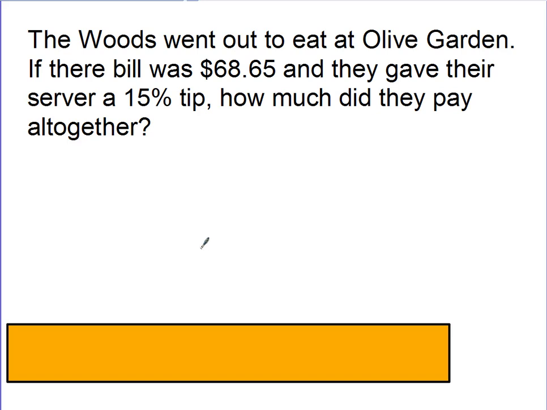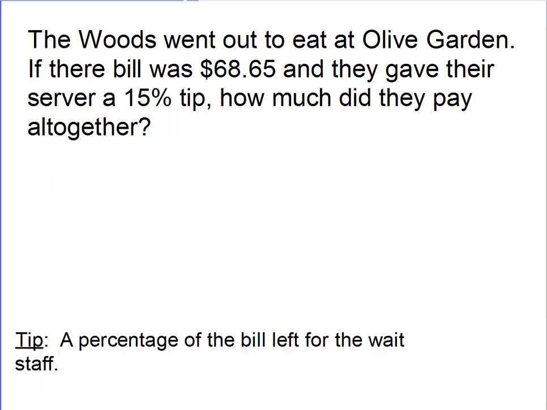So let's look at our first problem. First problem says, the Woods went out to eat at Olive Garden. If their bill was $68.65 and they gave their server a 15% tip, how much did they pay altogether? Well, the first thing that we need to remember or try to figure out is, what is a tip? What are we talking about by tip?